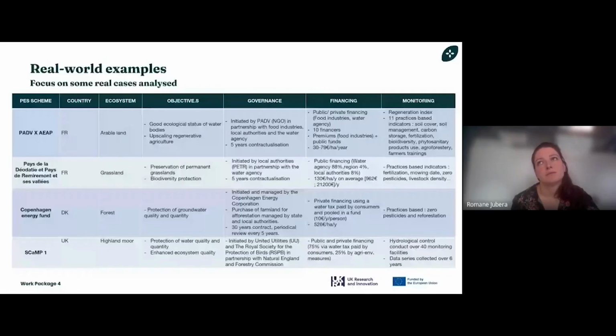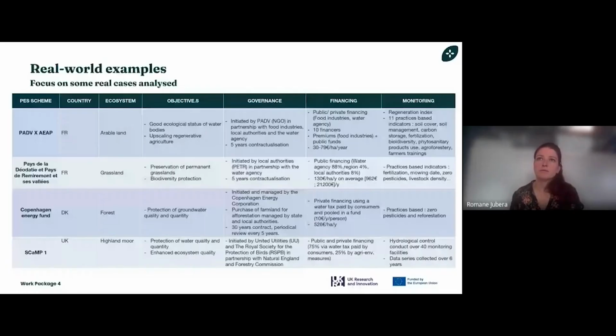The price is based on a payment per hectare and per year. It can vary from 30 euros to almost 80 euros, and it's based on the regeneration index, based on 11 practices that the farmers can implement.